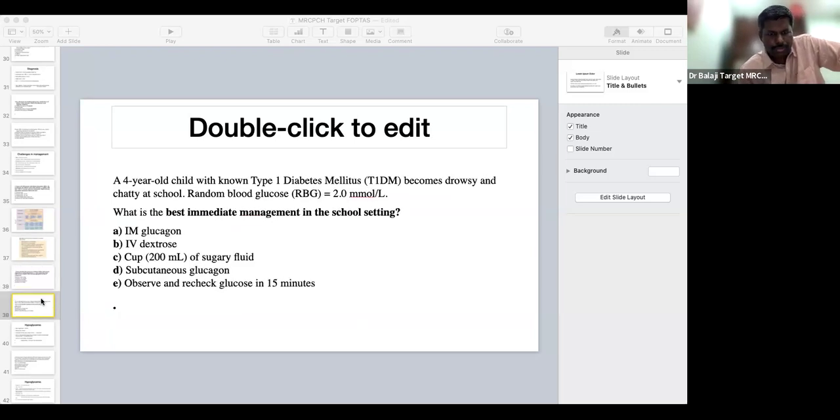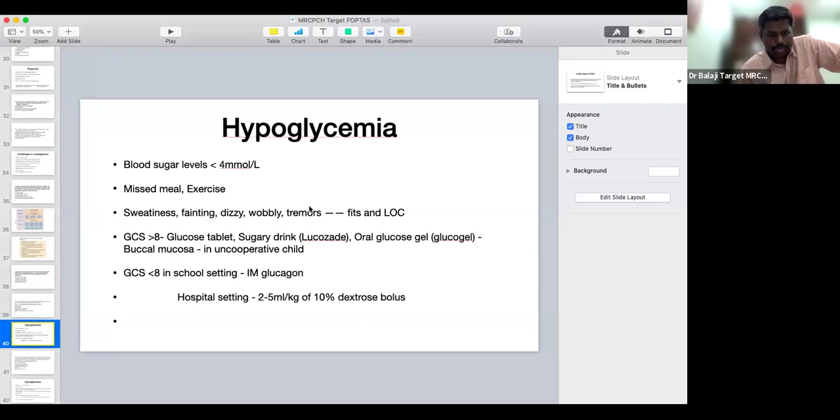So I think if you go through this hypoglycemia revision, you will understand. So what is hypoglycemia? That you need to first remember. Blood sugar level less than 4 millimoles per liter. So 4 into 20 will be 80, so somewhere around 70.